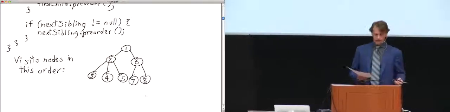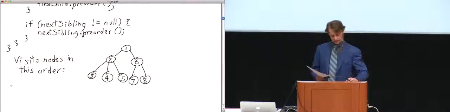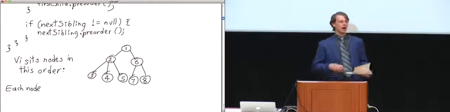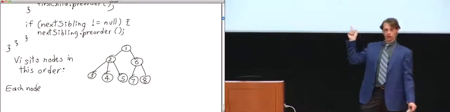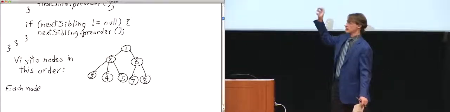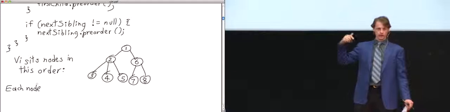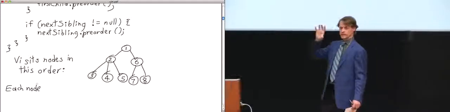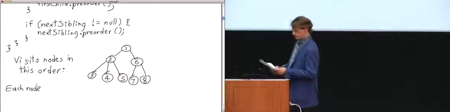All right. One thing that's a little surprising maybe and hard to grok about this is that each node is visited only once, and you call preorder only once. And the running time for preorder, not counting the cost of the recursion of the subcalls, is going to be constant time per node.